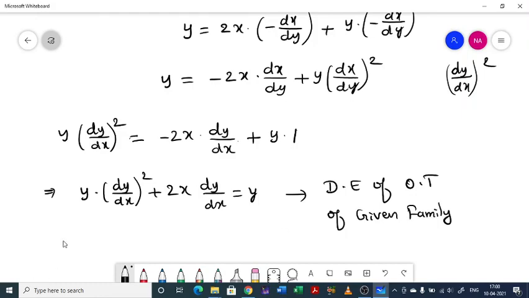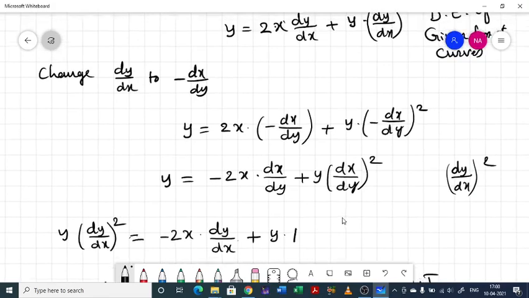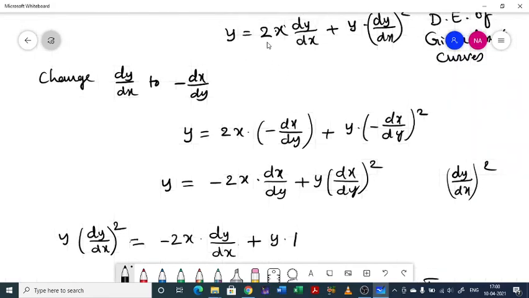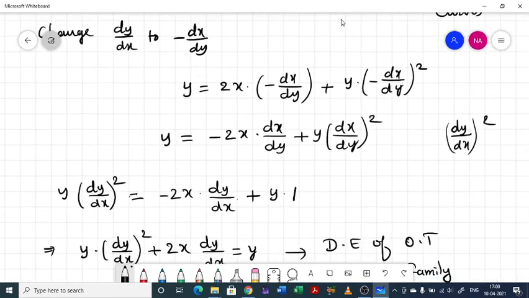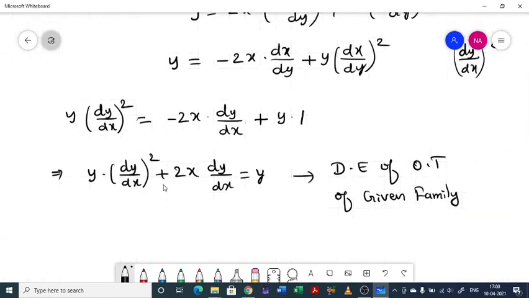Now here we have y into dy by dx whole square plus 2x into dy by dx equal to y, and here also y equal to 2x dy by dx plus y into dy by dx whole square. We got both equations to be same. Therefore the given family of curves, if both are the same, is called self orthogonal.